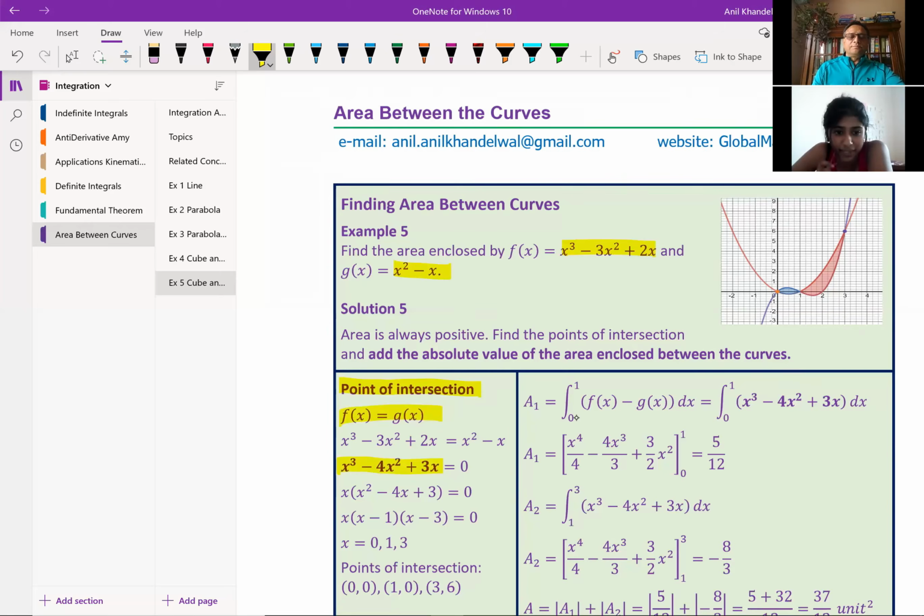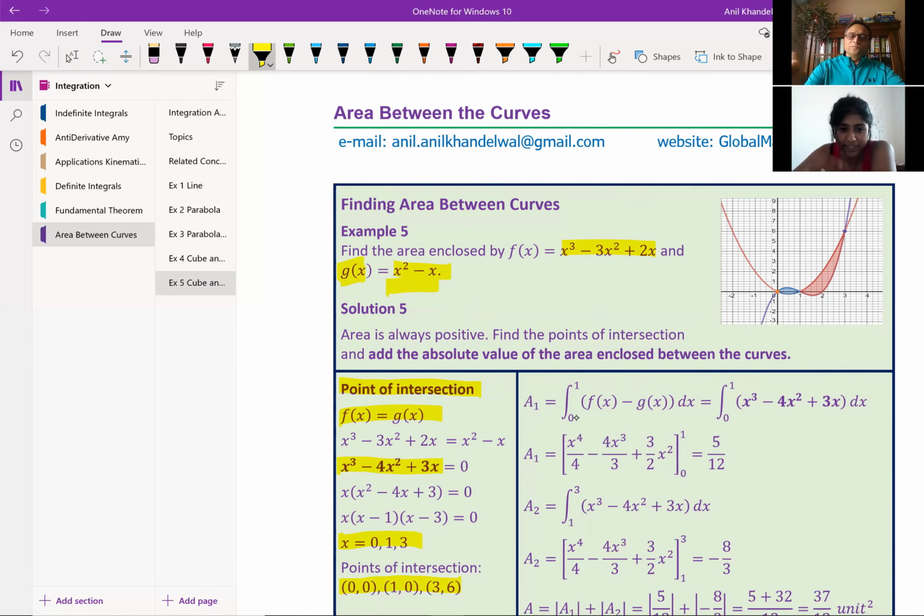So we get x times x minus 1 times x minus 3. Now we can find our x coordinates: x equals 0, 1, and 3. You can substitute those points back into g of x because it's the simpler equation. So we get our points of intersection.